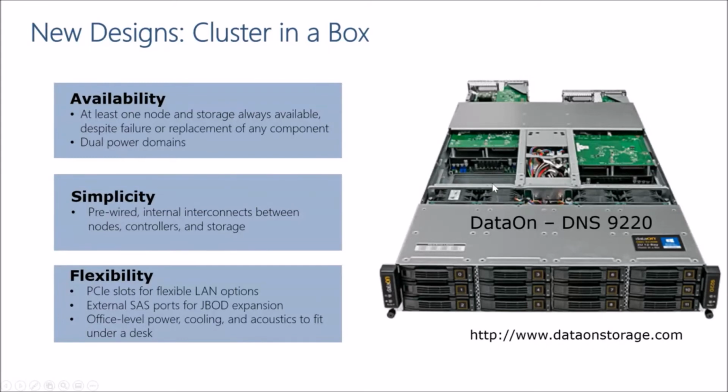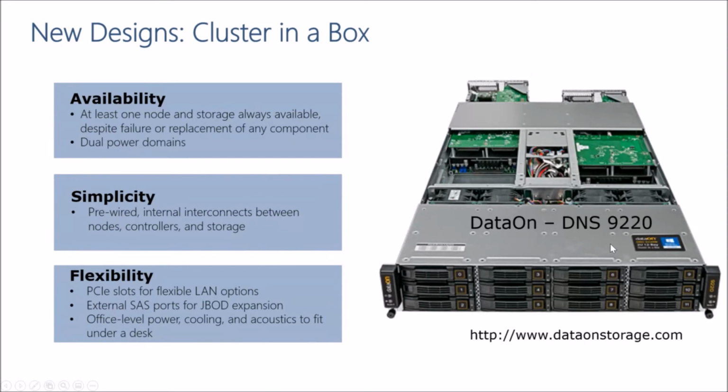It talks about dual power domains. Basically that means they're plugged in with separate power supplies and also onto separate circuits. Simplicity is pre-wired with internal interconnects between the nodes and controllers and storage.